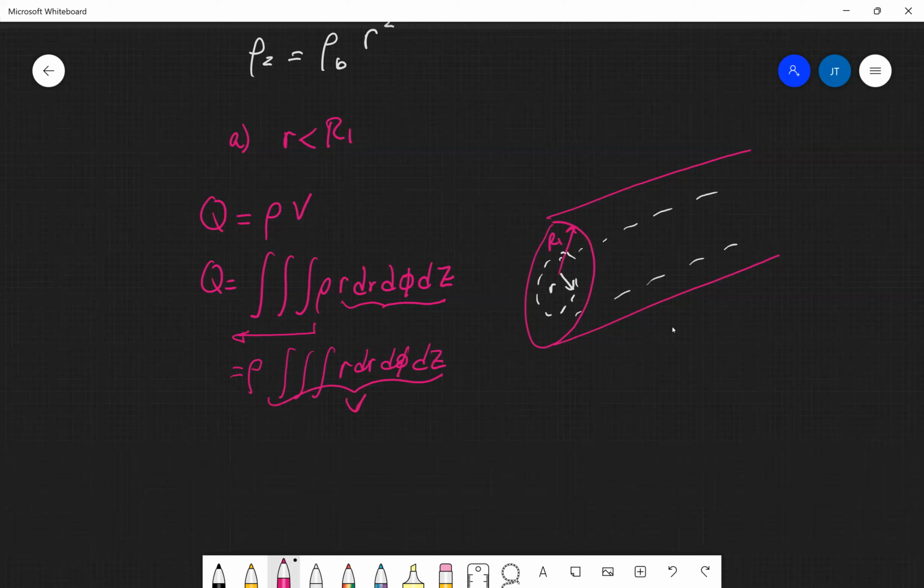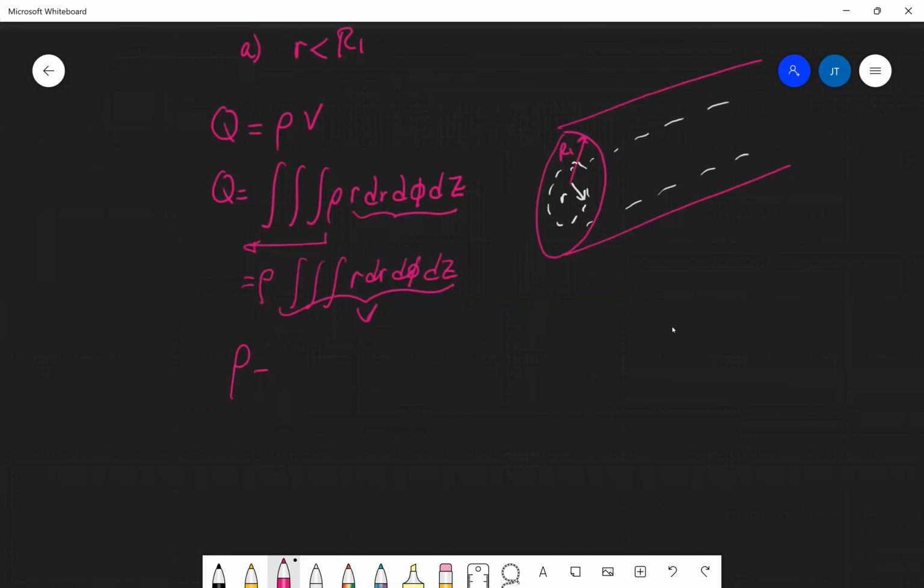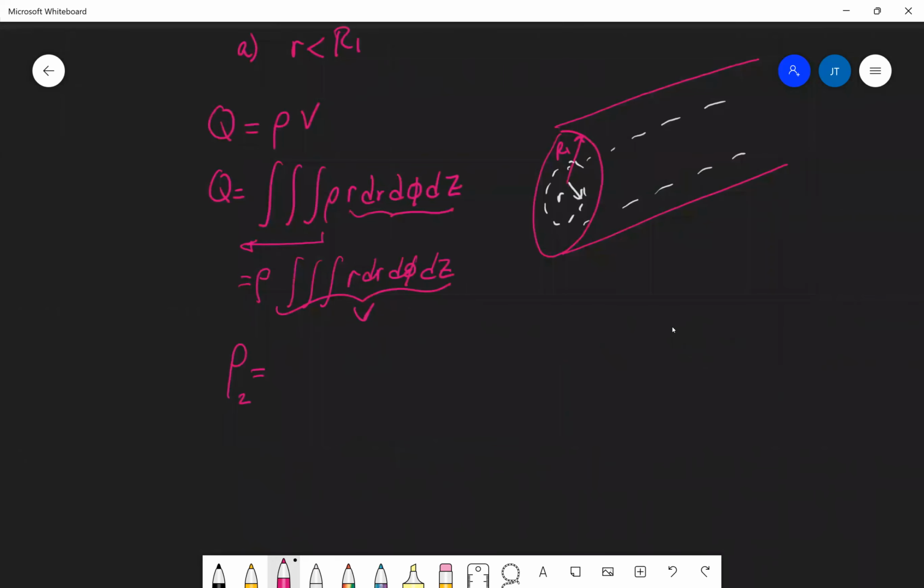But in this case, rho is not constant. In this case, rho 2, I call it rho B r squared. Therefore, Q enclosed equals the triple integral of rho, which is rho B r squared, times r dr times d phi times dz.